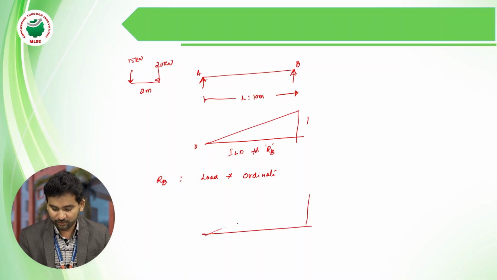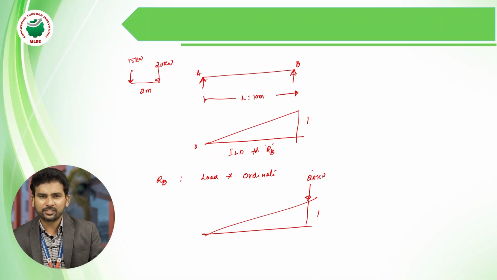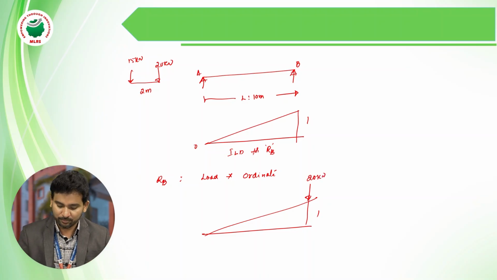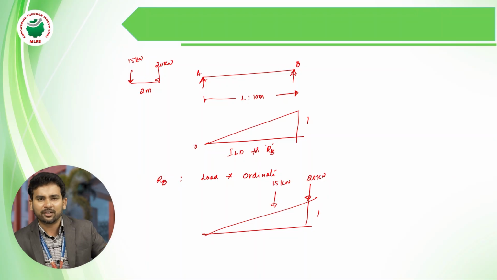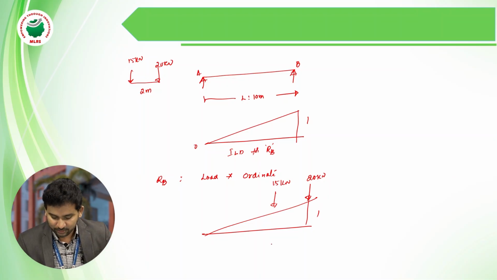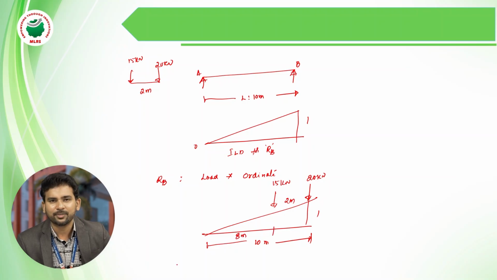So now our 20 kilonewton load we have to keep at B. If we keep 20 kilonewton at support B, then the 15 kilonewton we are going to keep on the left side. Right side is not possible, there is no ordinate on the right side. This is for 10 meters, 1 is the ordinate. This is 2 meters apart, so the rest of the span length is 8 meters.